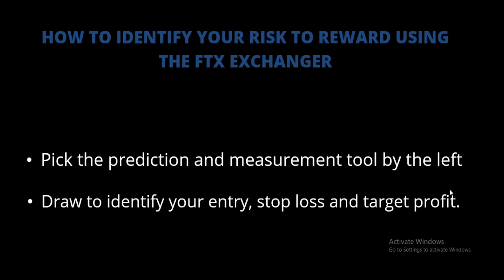It's simple. Once you go to the FTX exchanger and you're in the chart, you pick the prediction and measurement tool by the left, then draw to identify your entry, your stop loss, and the target profit. Once you do this, the tool gives you all the analysis you will need.